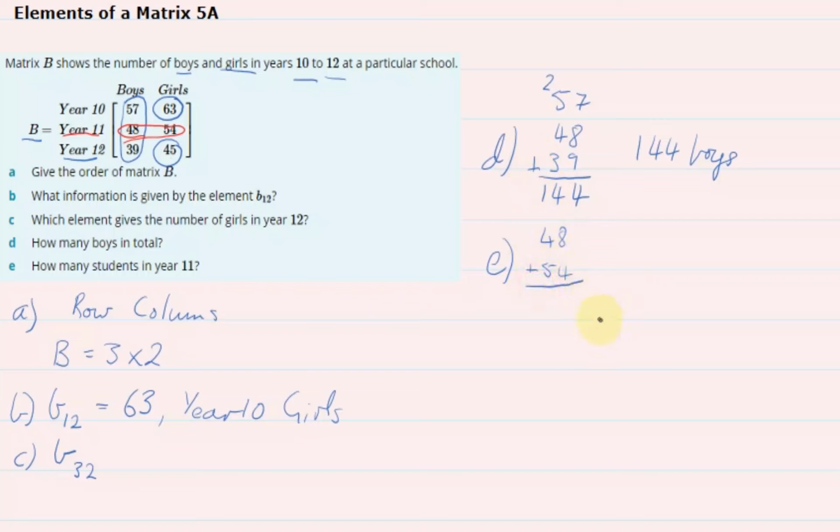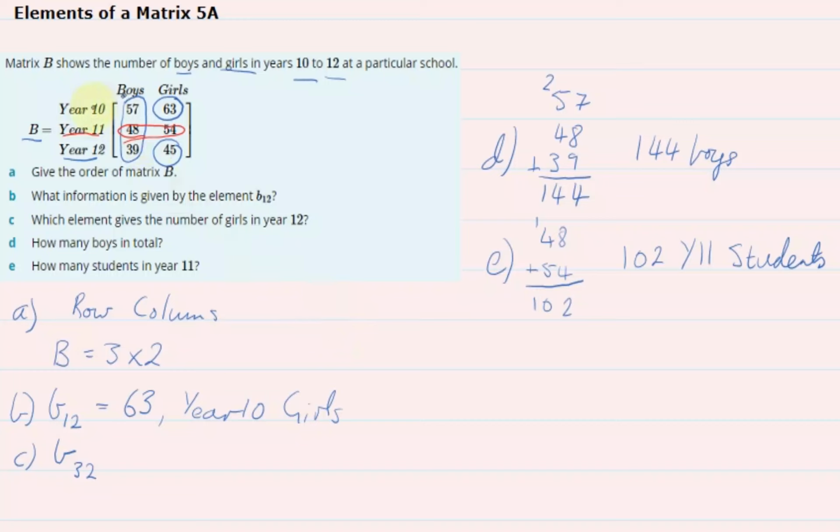If we add those up, just off the top of my head, we should be looking at 102. So there are 102 year 11 students.